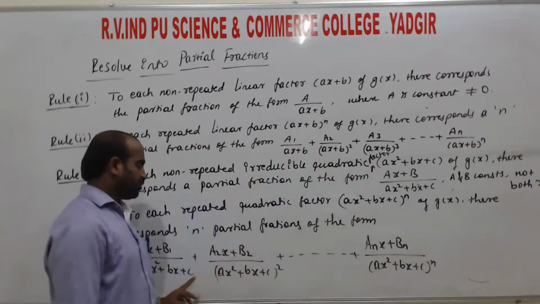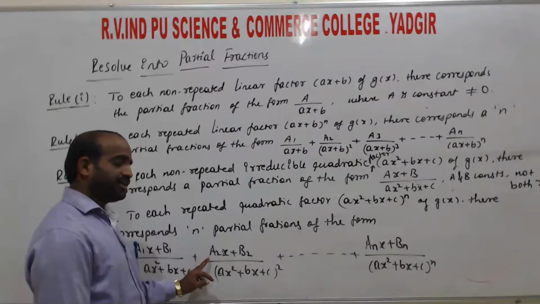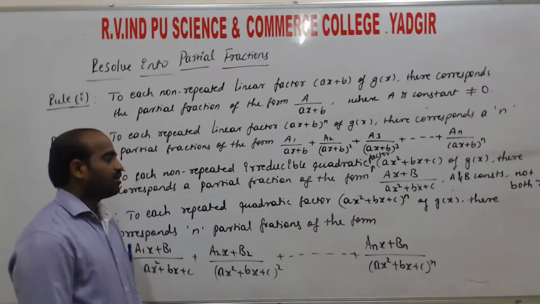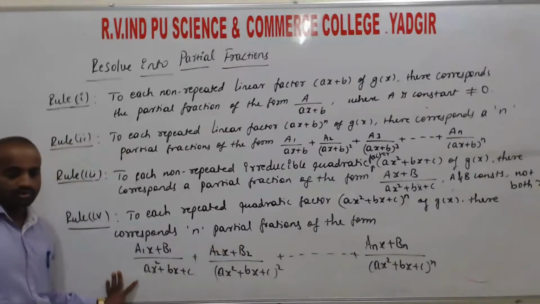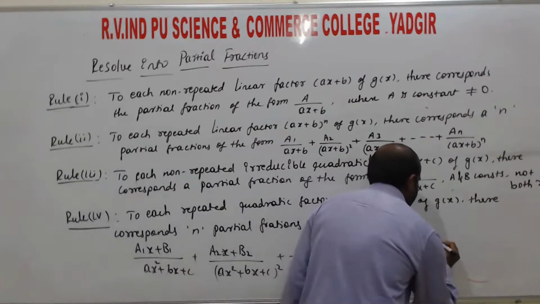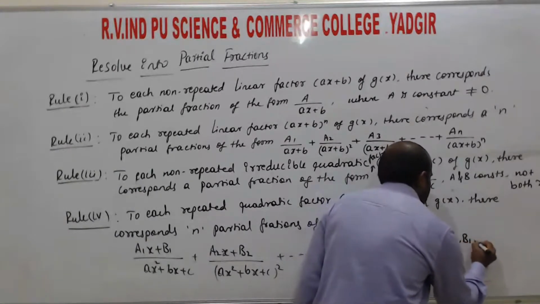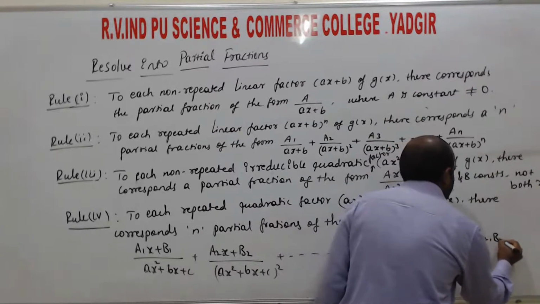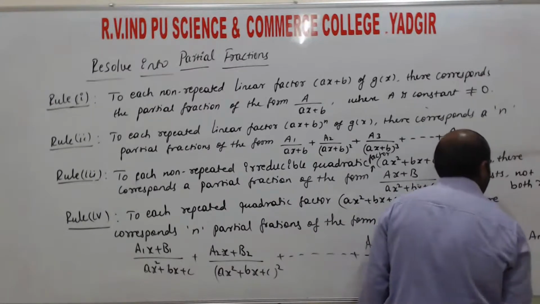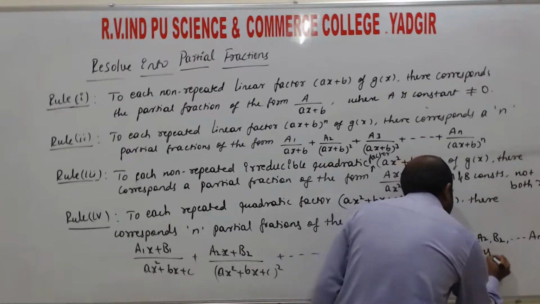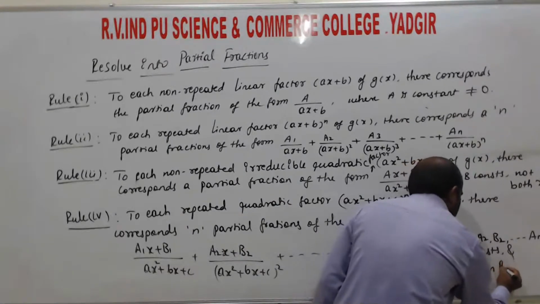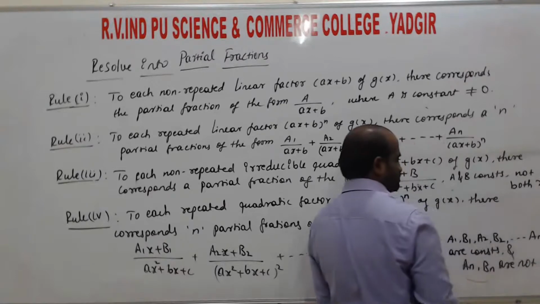Here a1, a2, and so on, b1, b2, and so on, an and bn are constants, and an and bn are not both 0.